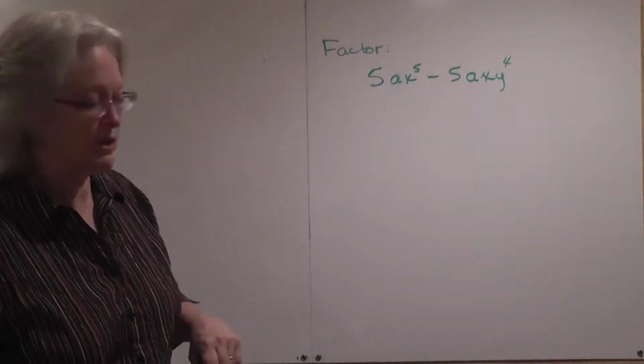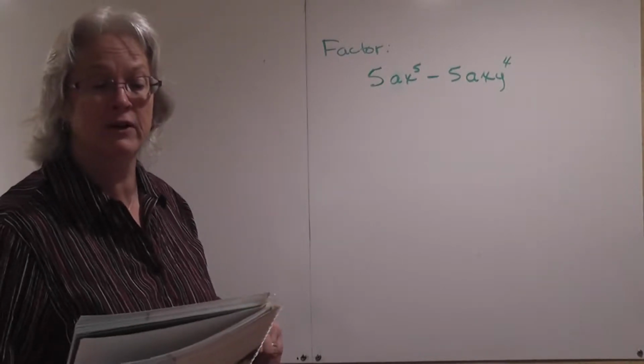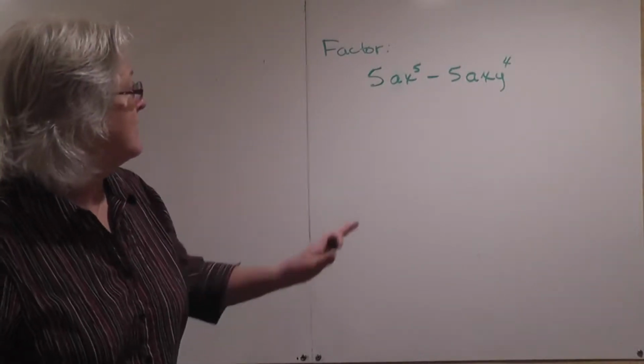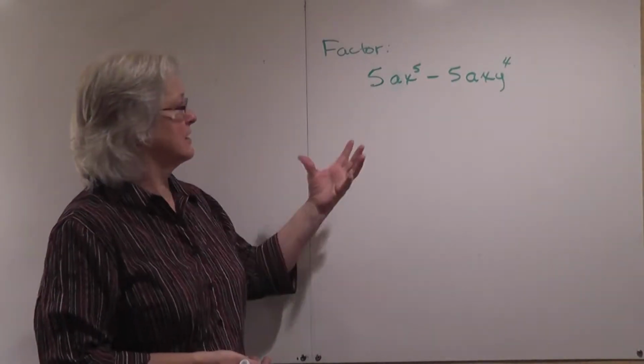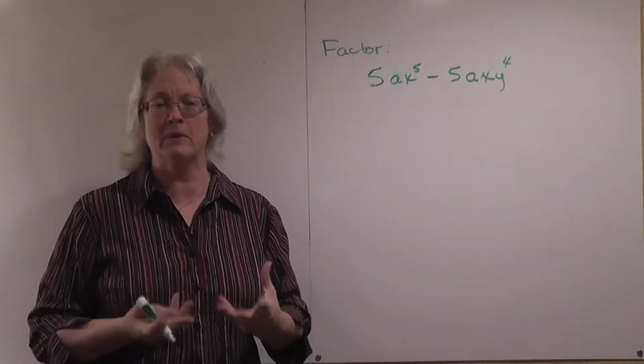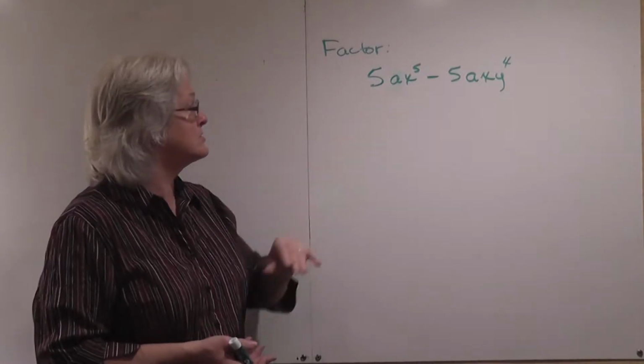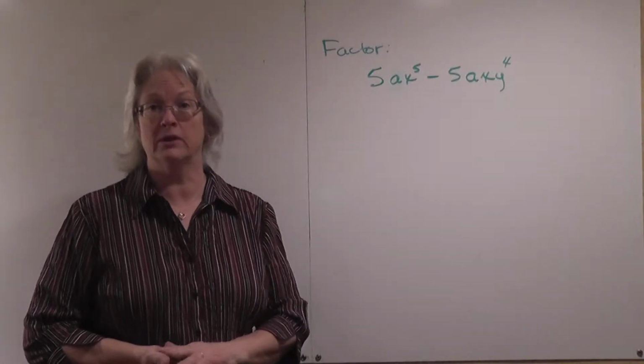Look at this expression here, 5ax to the fifth minus 5axy to the fourth. And you first think, my goodness, that's a mouthful of letters and exponents. What in the world am I going to do with this?